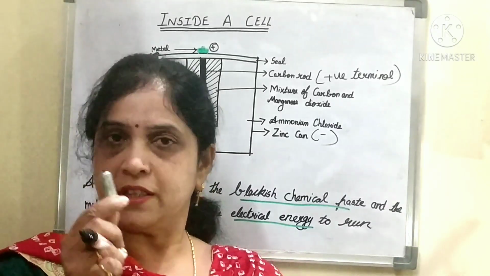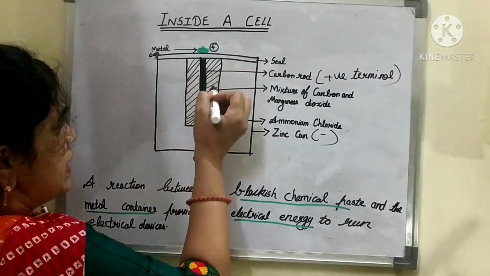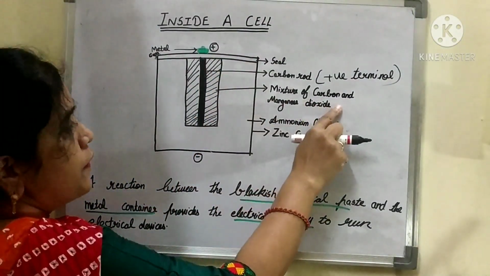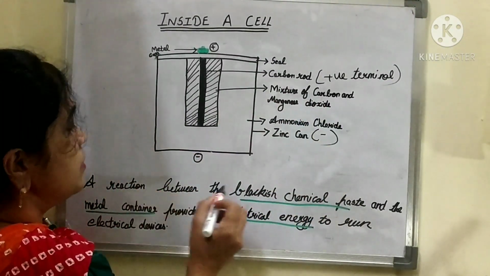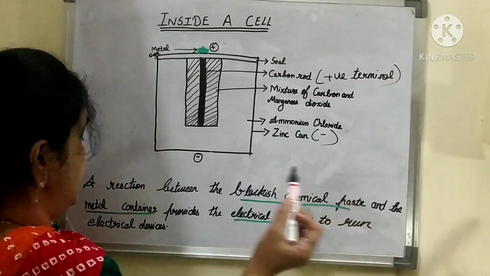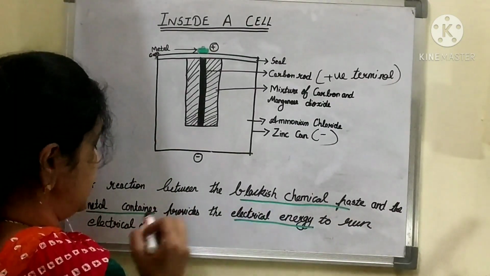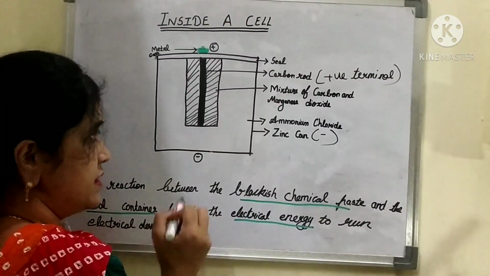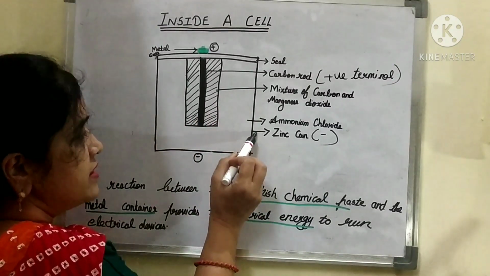Now if I open this zinc can, I will find a blackish chemical paste, a mixture of carbon and manganese dioxide. A reaction between the blackish chemical paste and the metal container provides electrical energy to run electrical devices. That means a chemical reaction takes place between this paste and the zinc can.